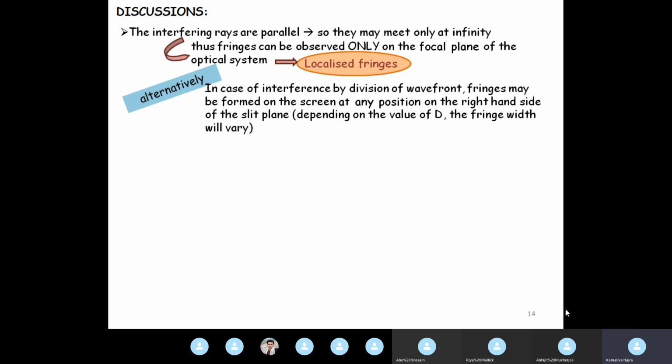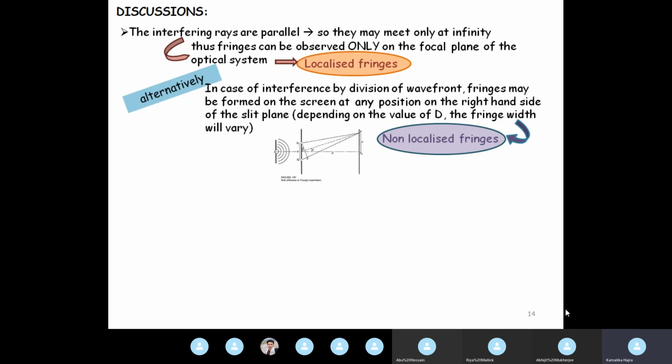But fringes will be formed. Therefore, these are called non-localized fringes. So how are the fringes of division of amplitude different to that produced by division of wavefront? One are localized fringes and the other are non-localized fringes.